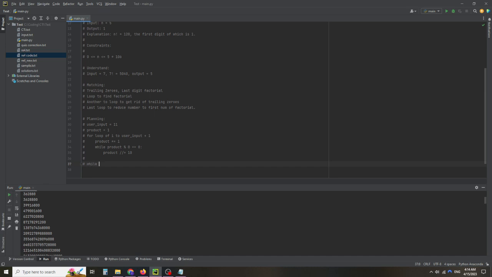So while the number is still bigger than 10, well, including 10, so while the product is greater than 9, then just keep dividing by 10. It'll just keep dividing by 10 all the way until the number is either 9 or less, a single digit, and that is the digit that I'm looking for. So that's the plan.